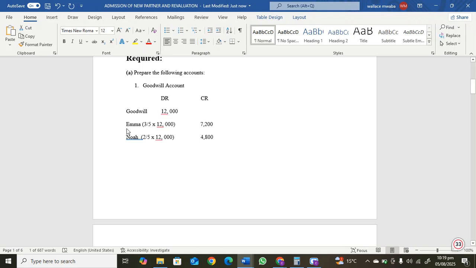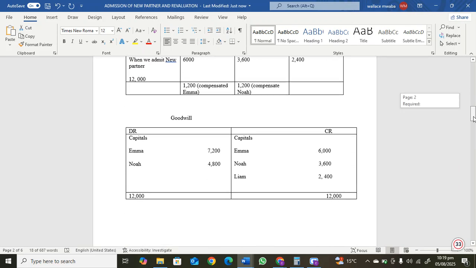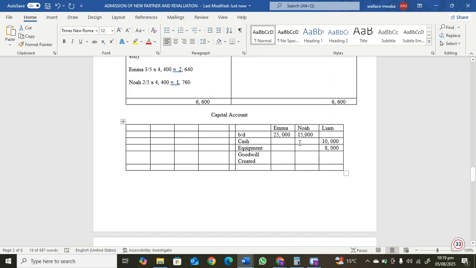These credit entries are the ones that I'm putting, and then these debit entries, I'm also going to put in the accounts. So Emma 7,200, Noah 4,800.